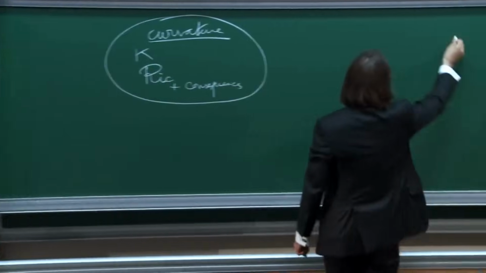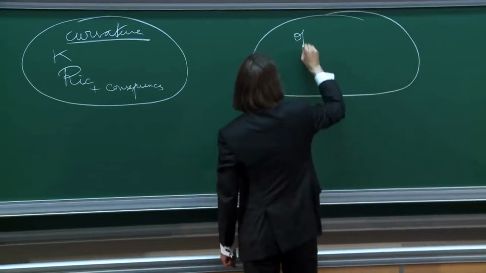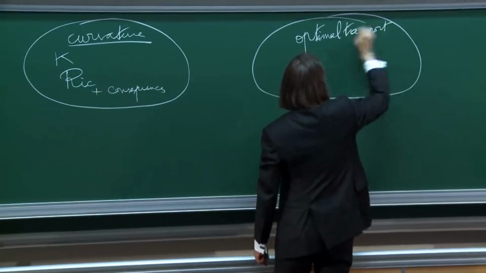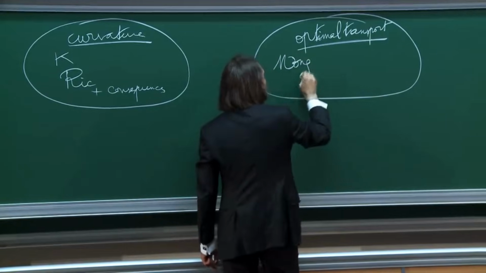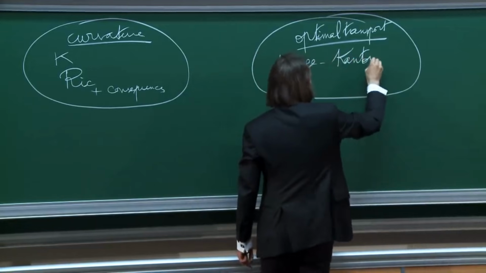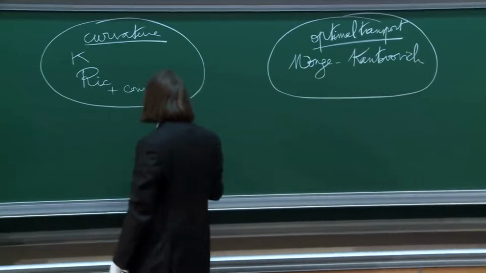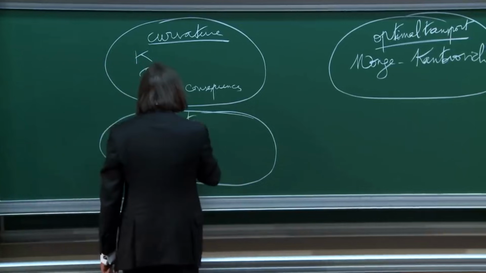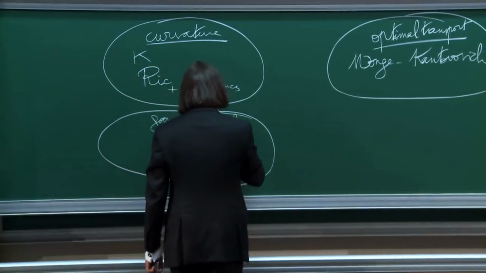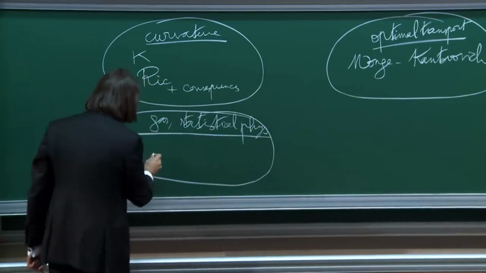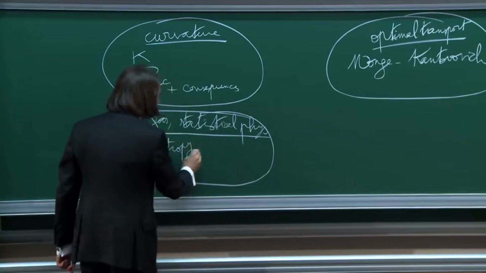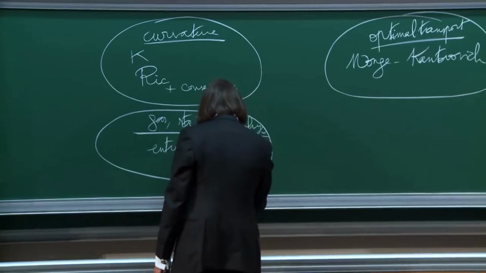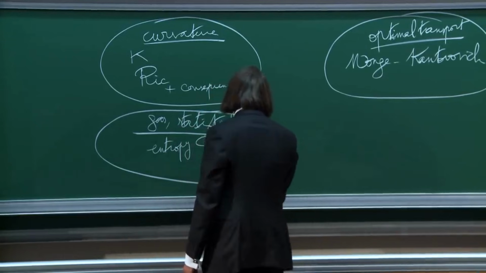The second topic will be optimal transport, which is a branch of optimization with links to economy, which is also called the Monge-Kantorowicz theory. The third field will be gas theory and statistical physics, with the key notion of entropy in the sense of Boltzmann or Shannon. It's the same formula. Or Kullback in the context of statistics.